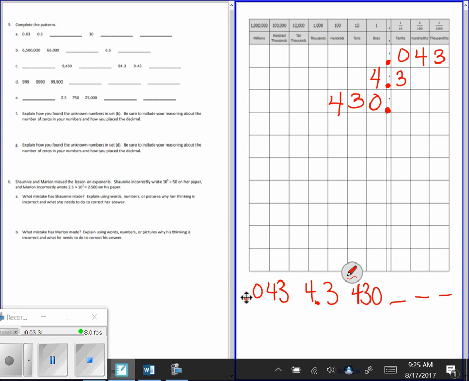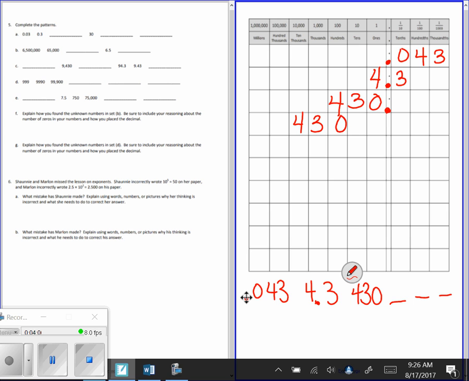So I can go down 1 and over 2, right? So they're actually increasing by 100, because I went from a 4 in the ones place to a 4 in the hundreds. So I can go 1, 2 over. So I can put the 4 over here.